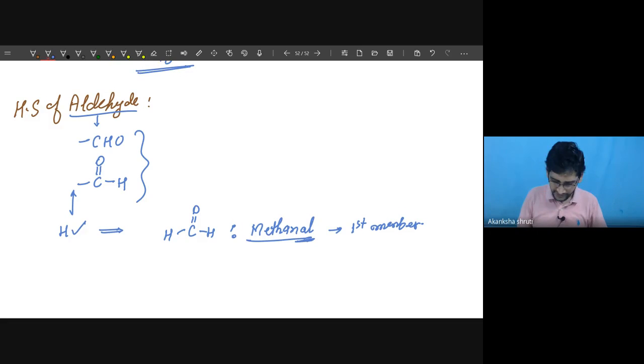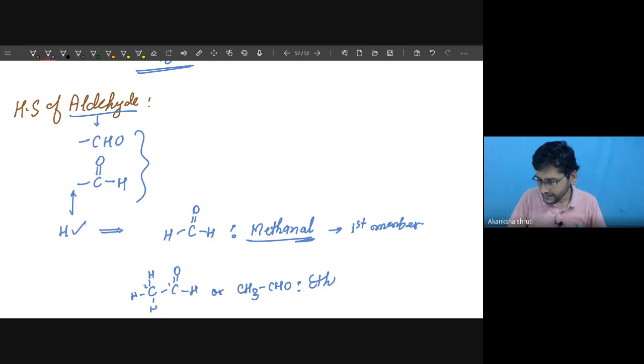Now coming to the other, the second one: rather than this, we may attach the CH3 also here. Like this way, or in compact form, CH3CHO can be written. This is how much? 1 and 2. So it is called ethanal. This is our second member.